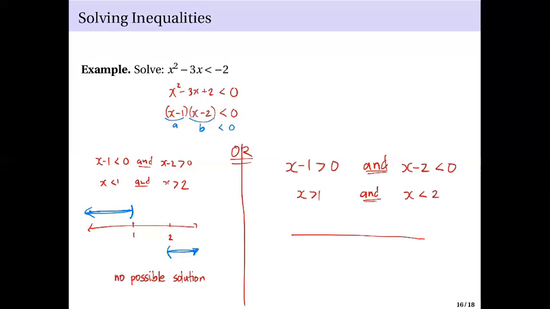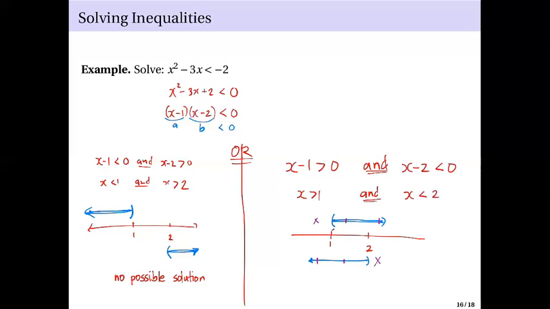So graphically, we have 1 here, we have 2 here. X greater than 1 means you have this, and the direction is going to the right. Here you have x less than 2, and the direction is going to the left. Okay? So if I get my x somewhere here, it's not here. Or if I get my x somewhere here, it's not here. But if I get somewhere between 1 and 2, say this one, we'll get that there.